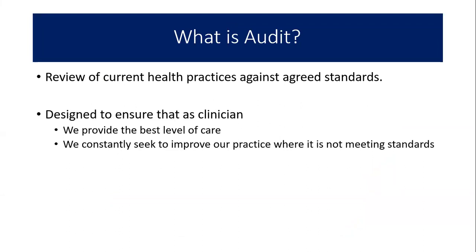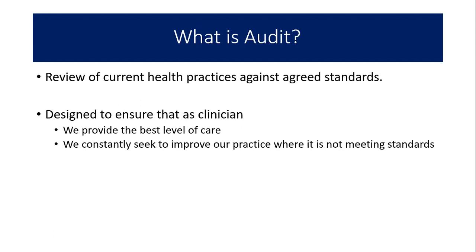So what is audit? In audit, we review our current health practice against an agreed standard. So if the standard for cesarean sections is, let's say, 15% of all deliveries, we audit our practice and compare it to the standard and ask ourselves, why are we higher than the standard? Is there an acceptable reason why we are higher than the standard? Are there things we are doing that can get us back in line with the standard?